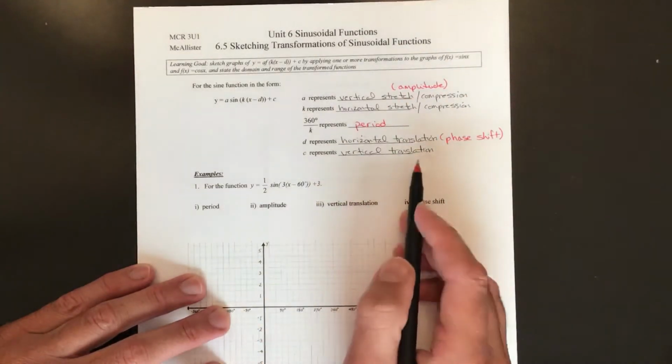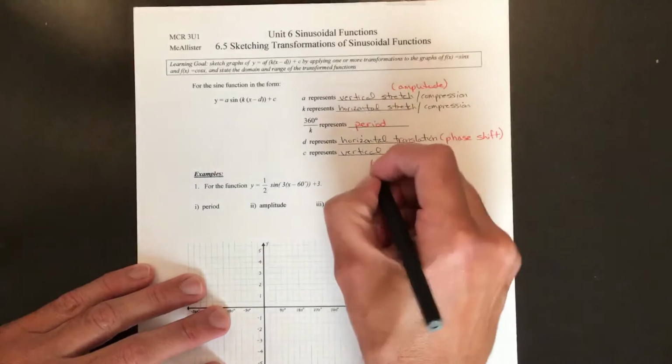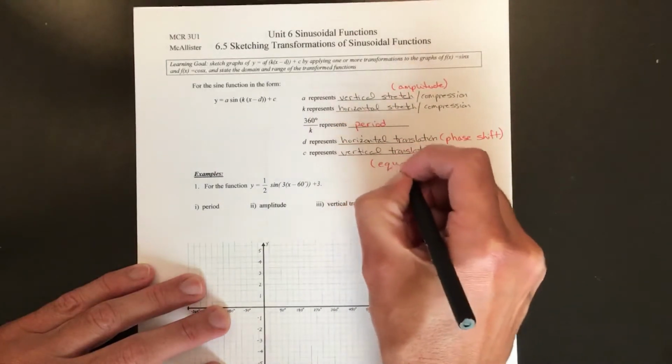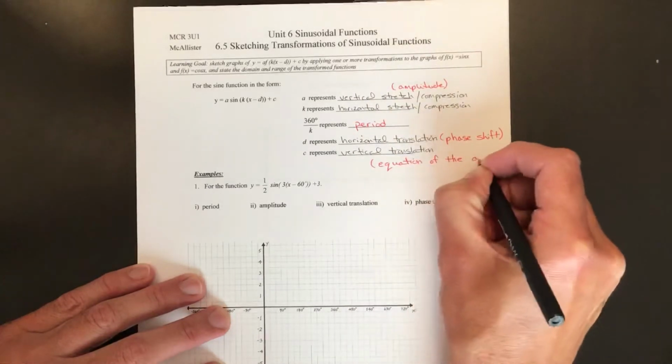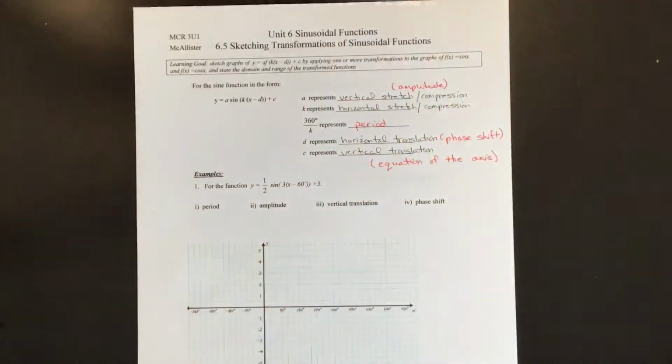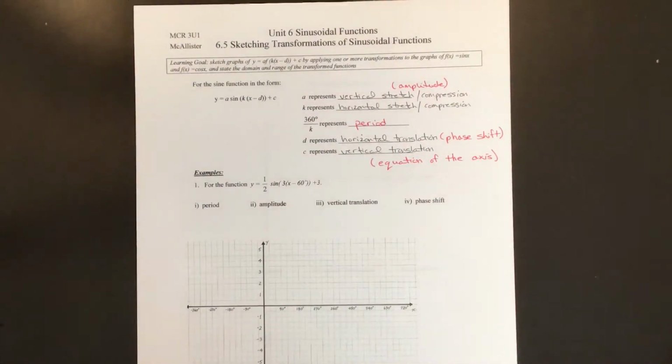And the vertical translation, what you're moving up or down by, that actually represents the equation of the axis. So even though these variables mean the same thing, they're just called something different for this unit. So let's get into graphing now.